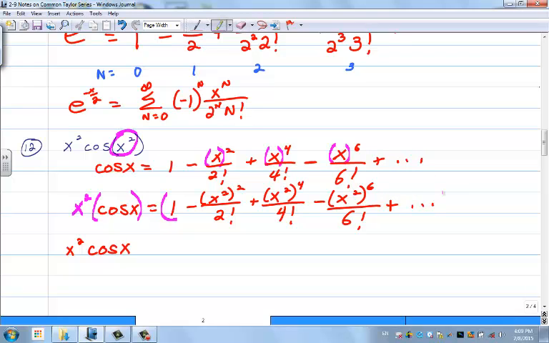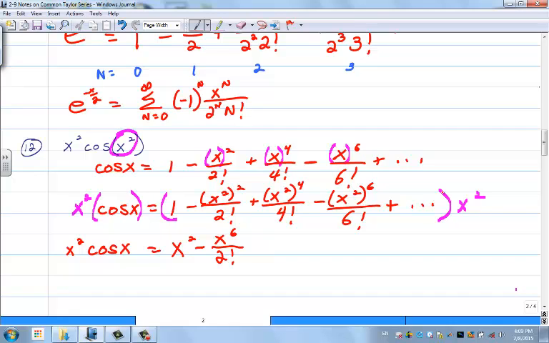So what I'm doing is distributing an x squared through the left side and the right side. When I do that, I get, for my first term, x squared. For my second term, I have x squared squared, which is x to the 4th, right, times x squared, so that's x to the 4 plus 2, or x to the 6th, over still 2 factorial.